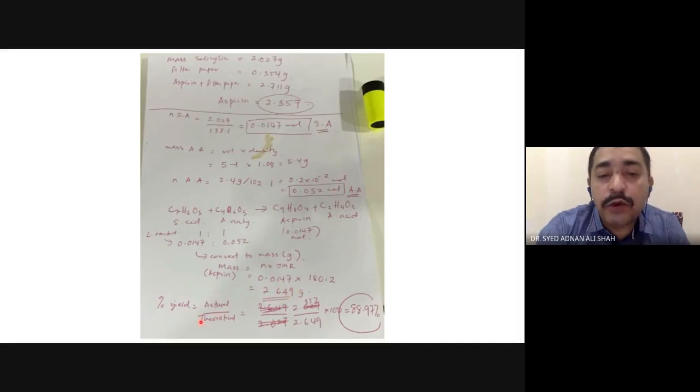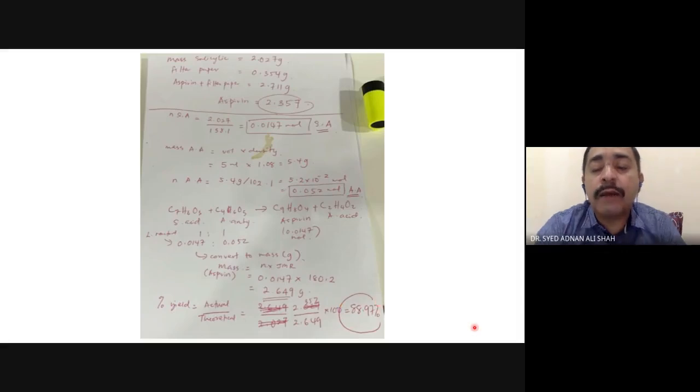So you put that here, right? The actual mass is this one, 2.357, divided by the theoretical mass, which is 2.647, and then you have to multiply by 100. Then you can get the percentage yield of aspirin.